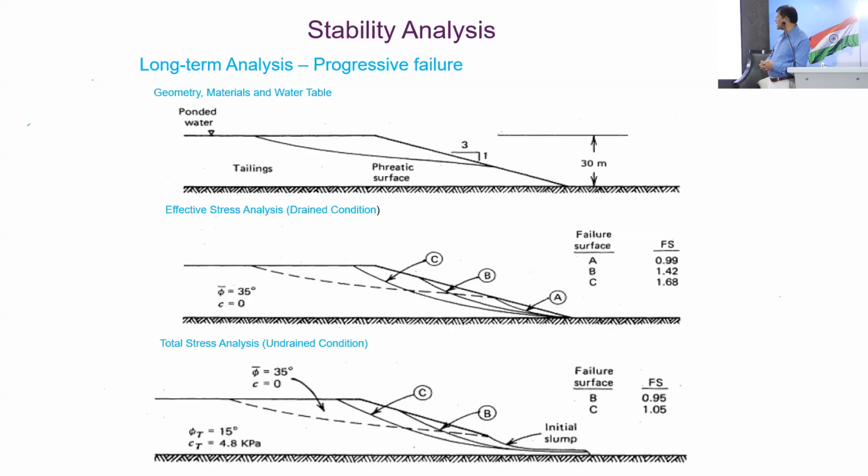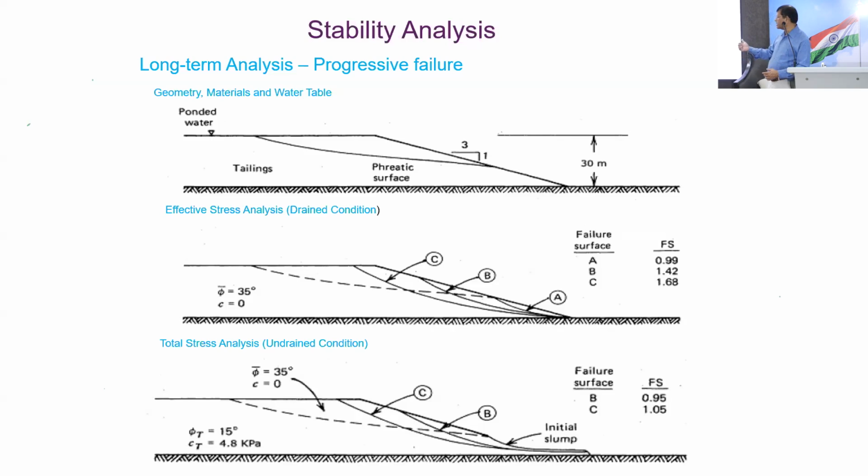But most of the time, we see that below the phreatic surface, we have that undrained condition. I have investigated some tailings dams which have been closed for 20 years and 30 years, but when we go and investigate, we see that they are still under undrained conditions.